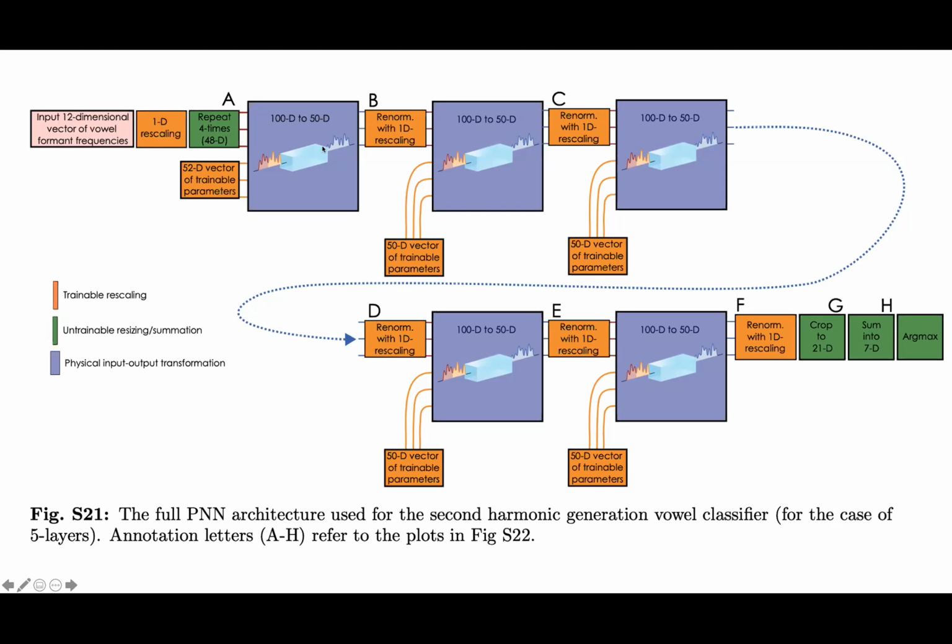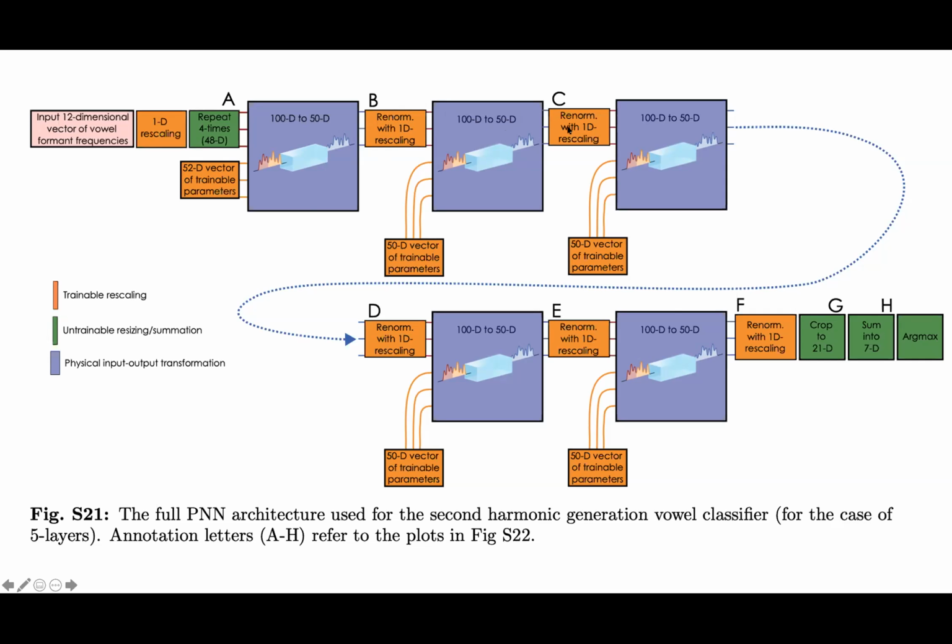And you go through this physical transformation, you get a 50-dimensional output. And then you have another rescaling. So here 1D rescaling just means element-wise rescaling. So you can see that basically here are 50 trainable variables, or maybe 100. I forgot if they have a bias or not. Maybe they don't have bias.